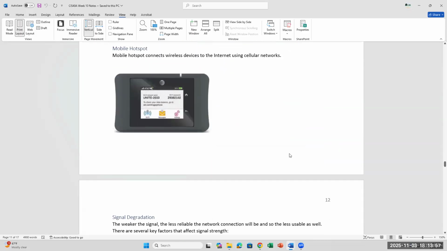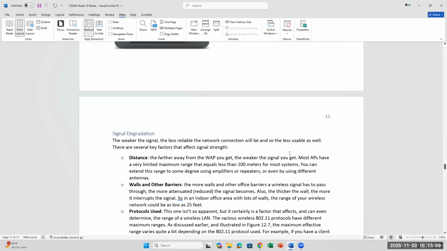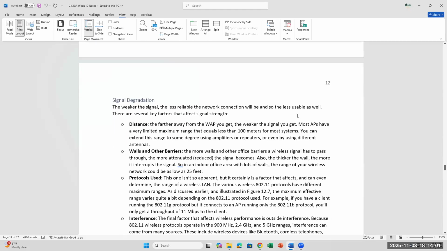Some information about using a hotspot. I mentioned some of this already. The farther you are from the access point, you are going to lose signal. Distance plays a big key in your signal transmission. If you have walls, right? Also, don't think that if I have a 5-story building, putting one access point is adequate. You have to look at the floor for each building.